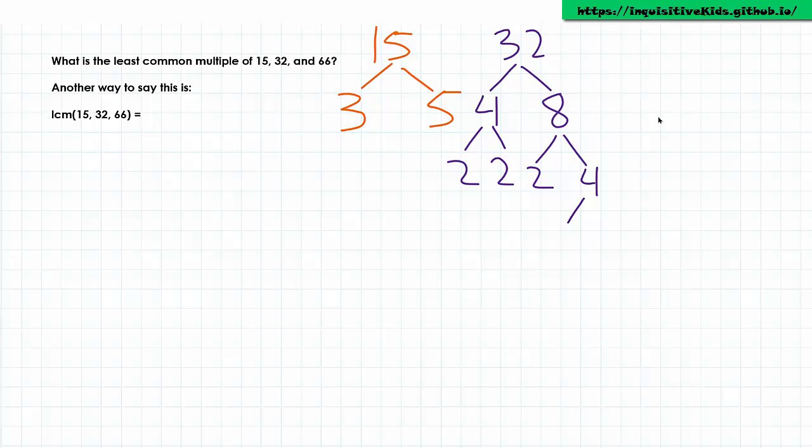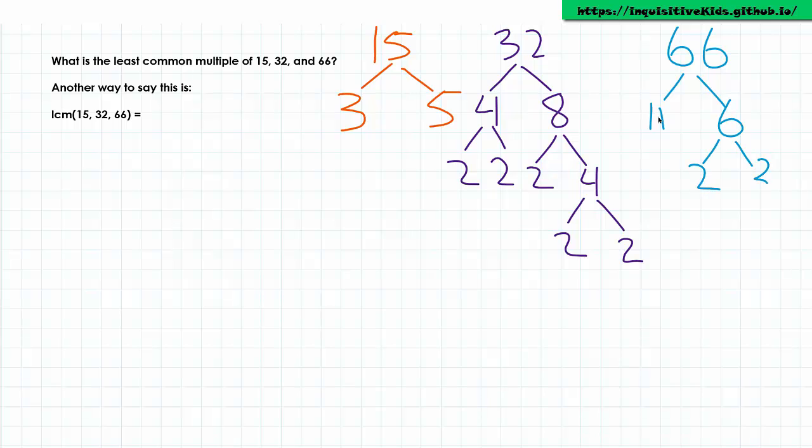And this 4 can also be divided into 2 and 2. The prime factorization of 66 is 11 and 6. 6 can be divided into 2 and 3.